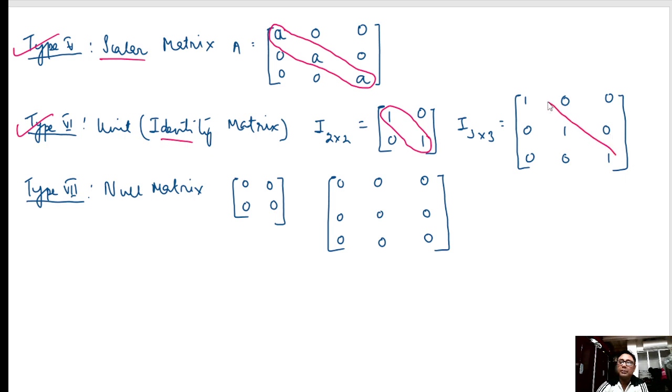If that number is 1 in the diagonal, it will be called an identity matrix. Please see, it is a 3 by 3 matrix, it is a 2 by 2 matrix. So along the diagonal, if you have only 1, it is called the identity matrix. Next, null matrix. All the elements of this matrix should be 0. That's called the null matrix.